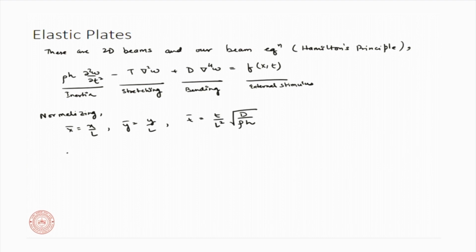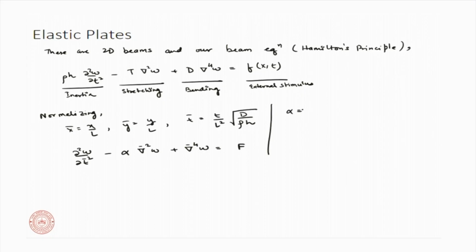If you substitute everything in this, you will find this is del square w by del t bar square minus alpha of some normalized del bar square w. This is not a vector, this is just a normalized quantity, plus del to the power of 4 of w goes to some f, which is a normalized force or normalized external stimulus. What is this alpha?